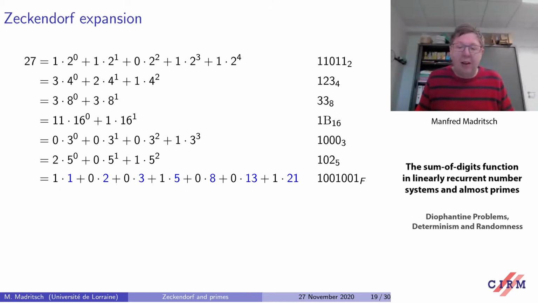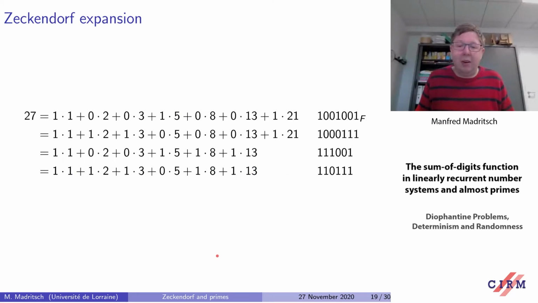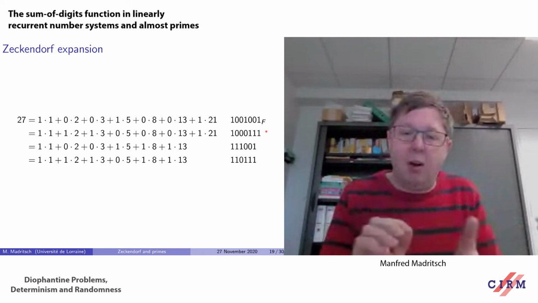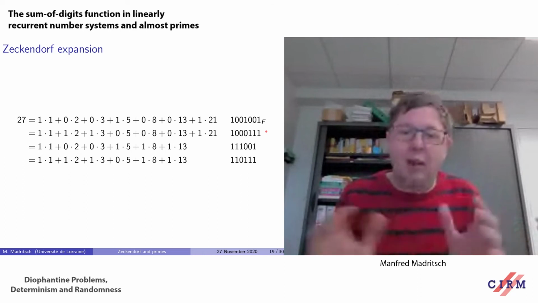However, if you look at this more carefully, then you have several expansions, not only the one here. The reason is that the Fibonacci numbers do not grow like the powers of 2 or the powers of 3, they grow like the golden mean, and the golden mean is between 1 and 2. So the powers are closer together, and you get overlaps.